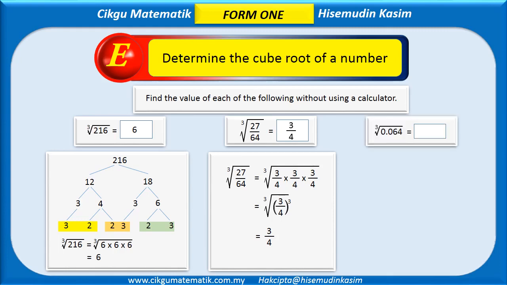Cube root of 0.064 equals cube root of 0.4 cubed equals 0.4.